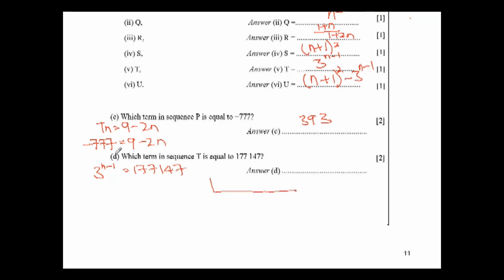In order to work out the value of the index or the power, we can divide 177,147 by 3, and we keep doing this until we get 1.